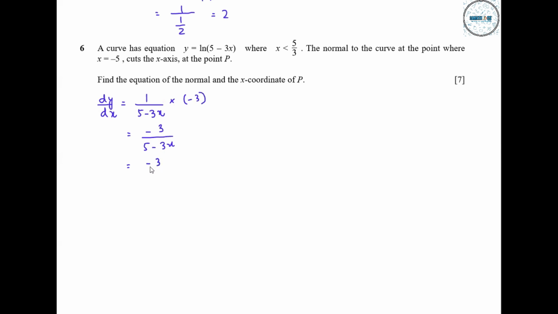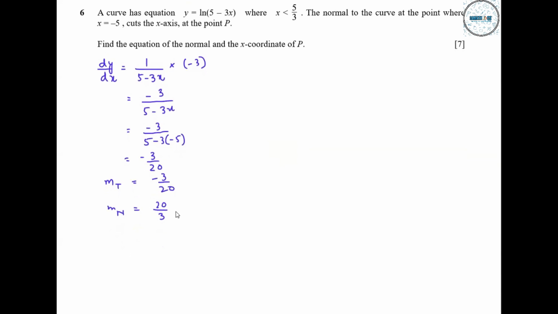So minus 3 upon 5 minus 3 into minus 5. So it is minus 3 upon, 3 5s are 15, and it will be 20. So minus 3 upon 20 is the gradient of the tangent. So gradient for normal is negative reciprocal of it. So it will be 20 upon 3.